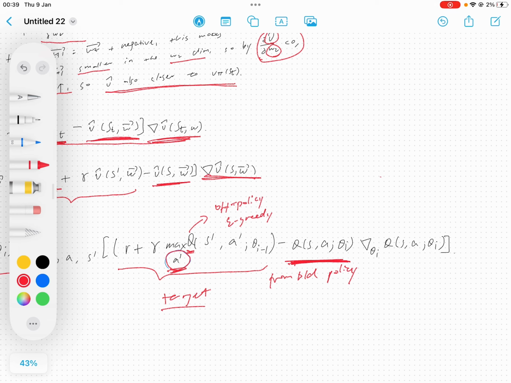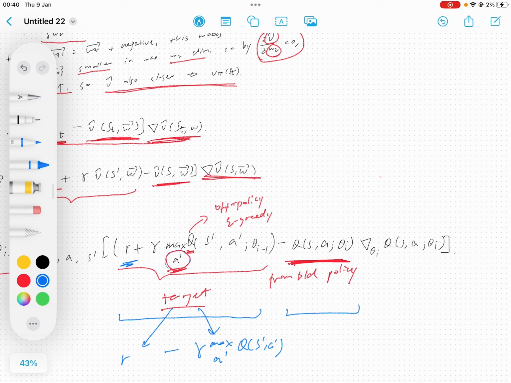Something important to notice is that whether we have the target or the Q derived from the old policy, we can always compare those two things, right? The reason is that the target decomposes this Q into two parts. The first part is this R, and the second part is the sum of discounted future rewards, by taking some greedy policy A prime.